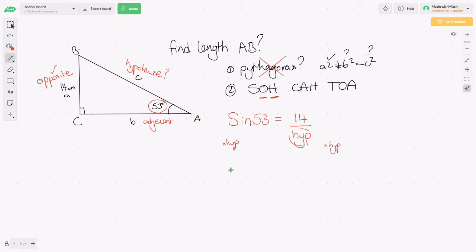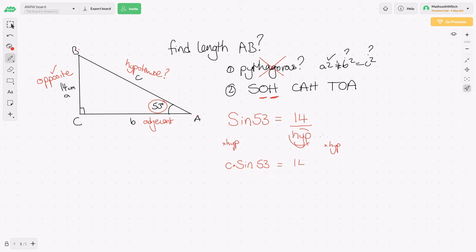So we now have, let's call the hypotenuse something. Let's call it C. So we bring the C up. So we now have C sine 53. Now when it's written like this, remember I said it's not sine times 53 here, but when we use an algebraic term, we are actually saying C times sine 53.